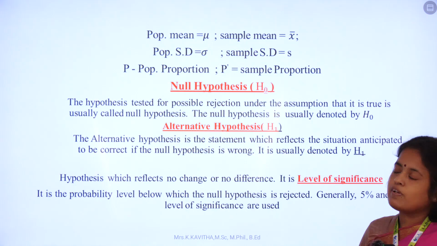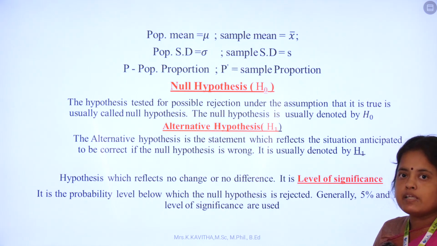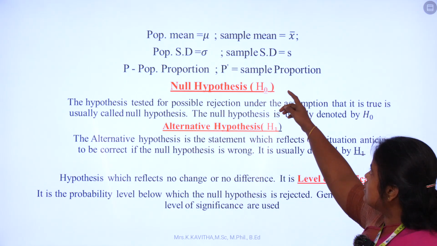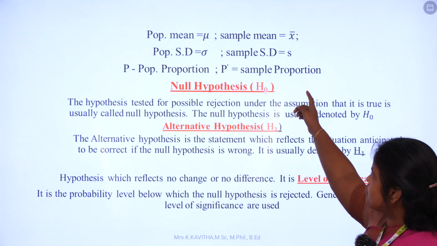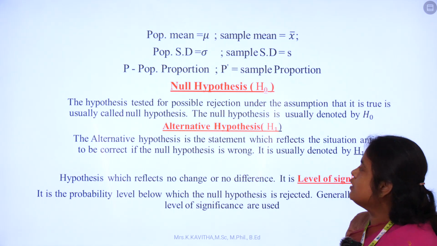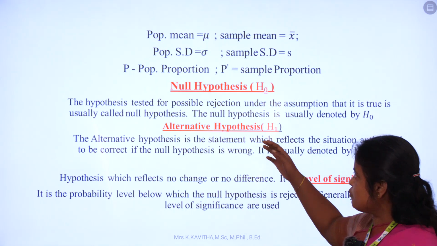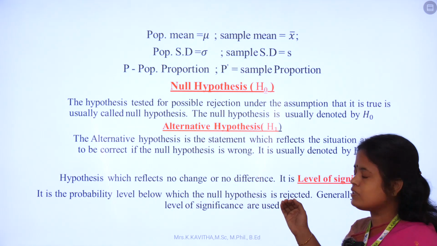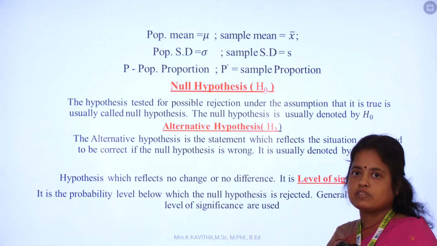These are the notations we are going to use for the t-test. Population mean is denoted by mu, sample mean is denoted by x bar, population SD is sigma, and sample SD is S. Before going to the problem, we have to set the hypothesis. There are two types of hypothesis: null hypothesis and alternative hypothesis.